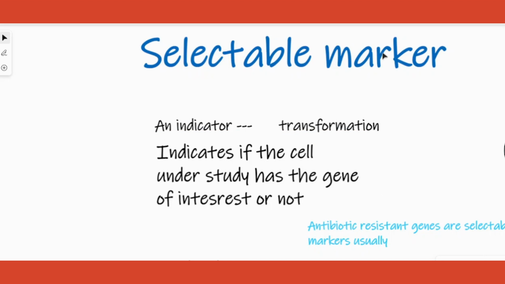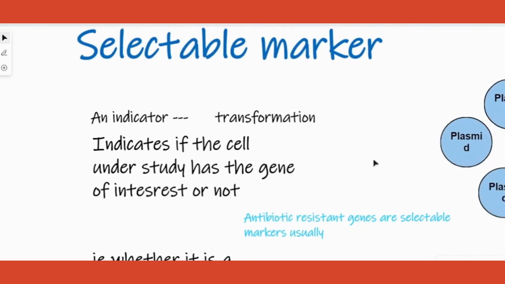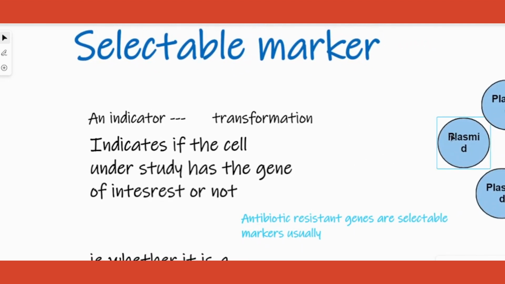Usually, these markers are genes that are present on the plasmid itself. Clear? So we are going to understand that part, called the selectable marker.